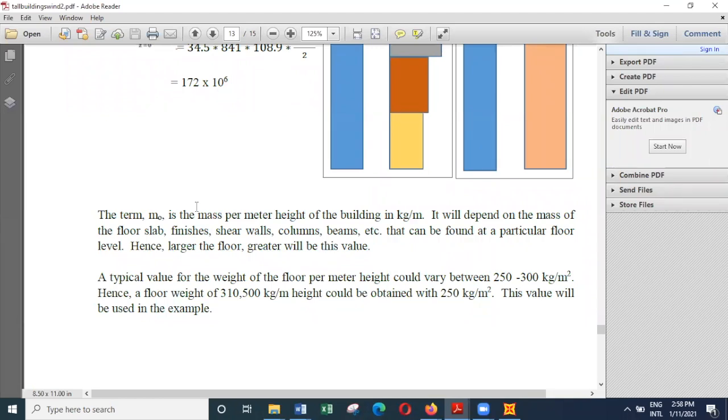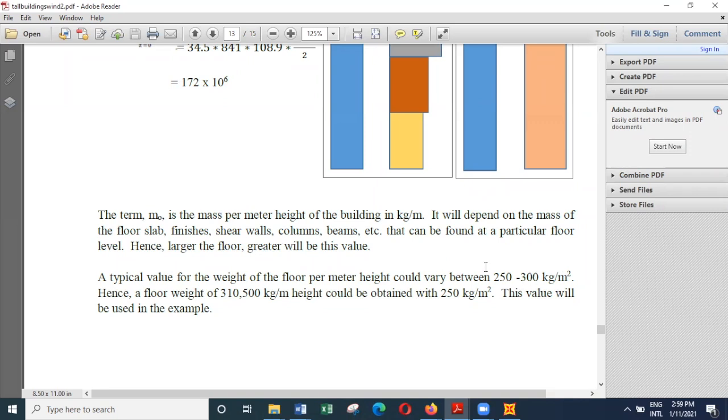And then we divide it by the floor to floor height. When you do this calculation, the typical value for the weight of a floor per meter height generally varies between 250 to 300 kilograms per meter squared for a typical reinforced concrete building.